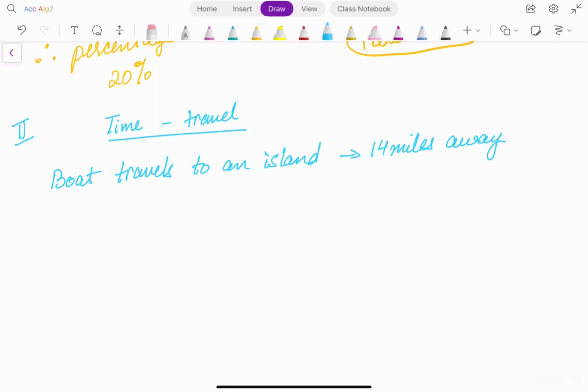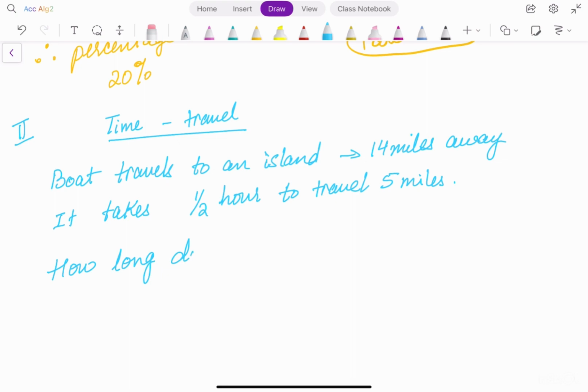Another piece of information given is that it takes half an hour for that boat to travel 5 miles. That means the boat can travel 5 miles in half an hour. They are asking how long the entire trip will take.